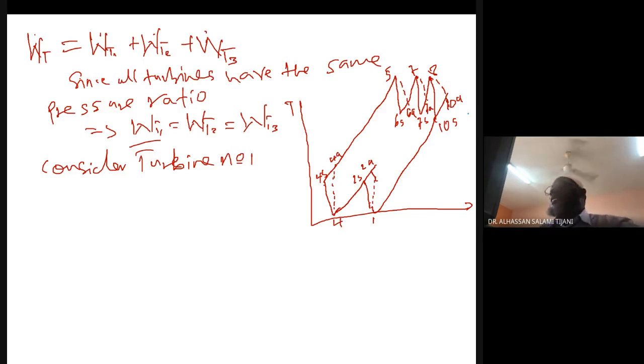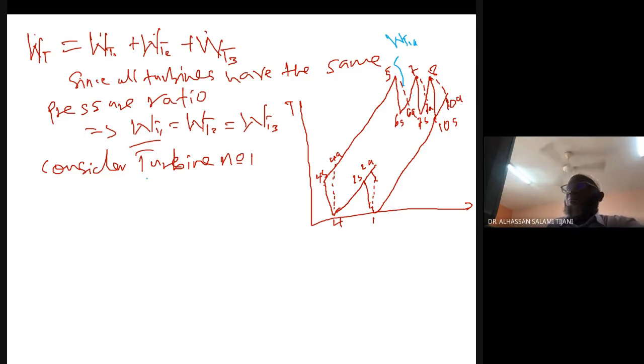We are only interested in the work output. This W turbine number 1A, the work output from here.